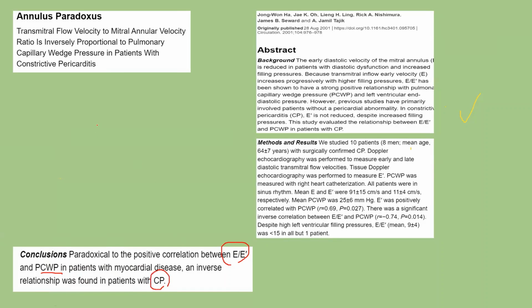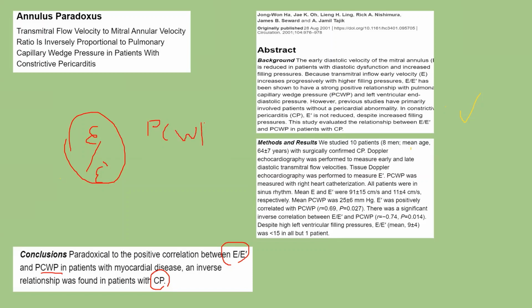So the E over E prime ratio, that indicates what? We use it as a surrogate marker of what? Of the pulmonary capillary wedge pressure, right?